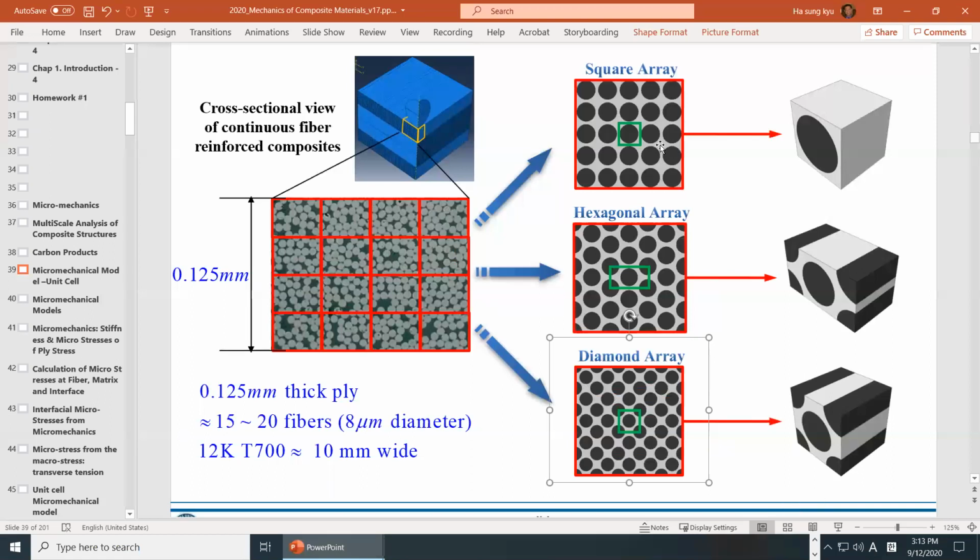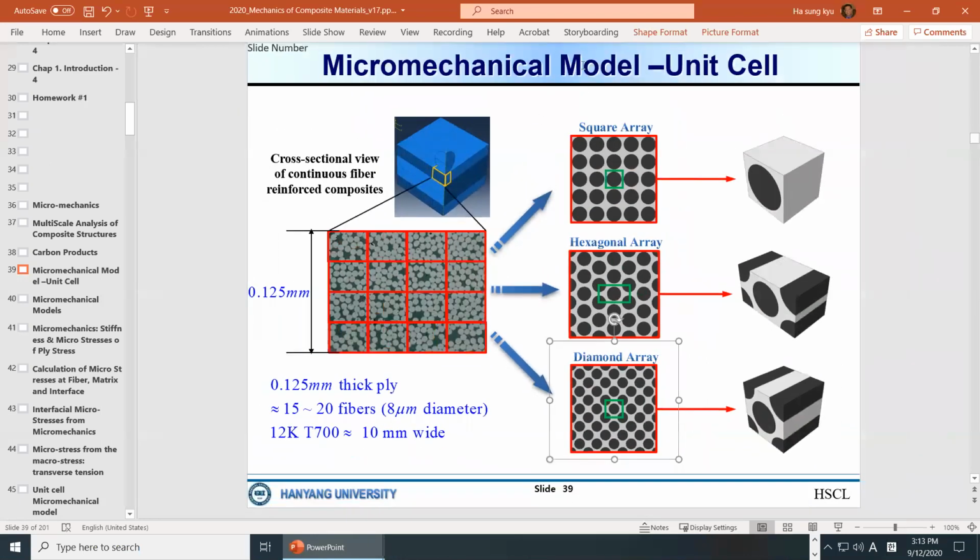the situations. Well, we touch this diagram, and now each one we assume is called a unicell. The arrangements are a little bit different, but the one thing for sure is the same fiber volume fraction. Okay, same fiber volume fraction. Understanding fiber volume fraction is very important.